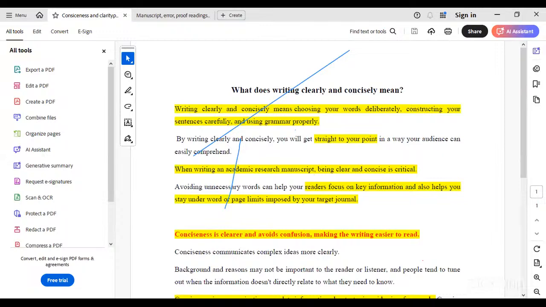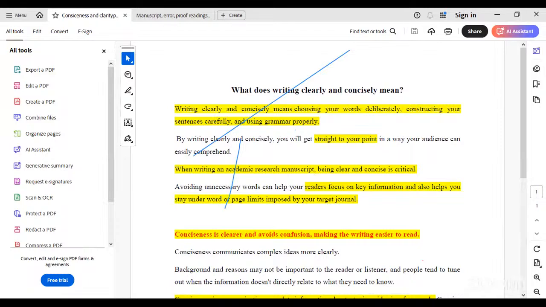Yes, do we have Mr. Wahab here? He is not here. Anyways, I'm gonna explain it.